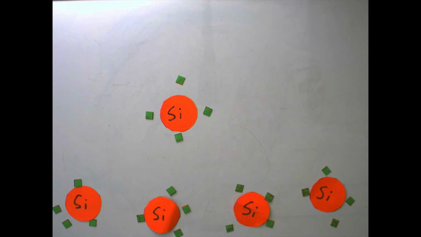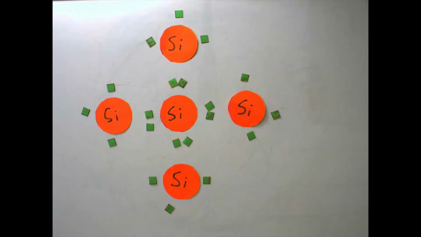Okay, so if you remember, that shell wants to have 8 electrons in it. For one silicon atom alone to fill that shell is not going to happen. Instead, it needs some friends. If you get 4 other silicon atoms surrounding the original, then they're able to covalently bond with each other. What that means is they share a pair of electrons.